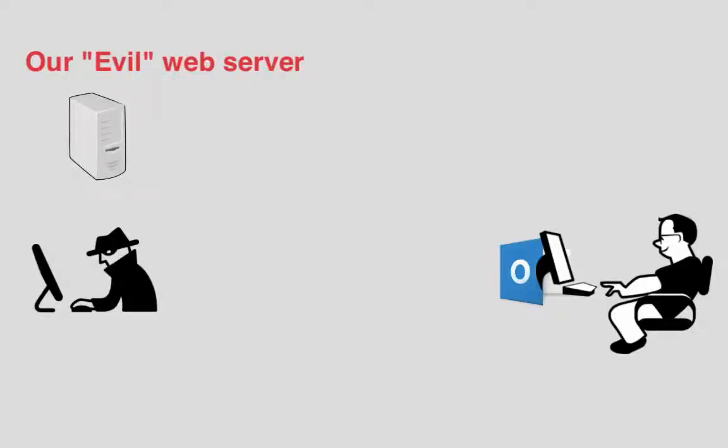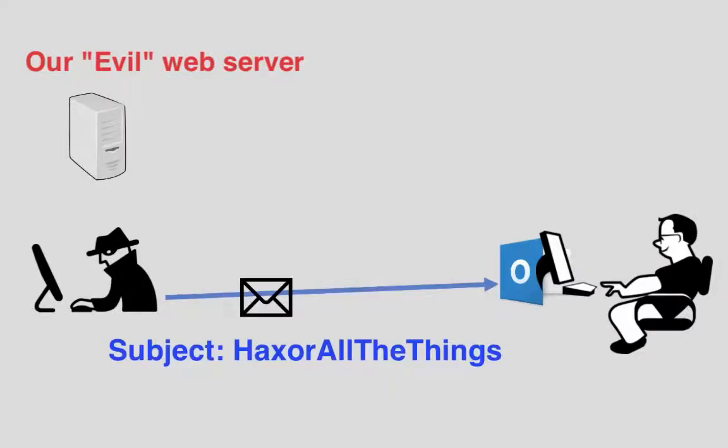So here's what we're going to do. We're the attacker, and we have our evil web server with some content on it that we want Matt's computer to run. So we're going to use our copy of Outlook with Matt Bishop's profile, and we're going to create an evil Outlook rule. That rule says that when Matt receives an email with the subject "hacks are all the things," we're instructing Matt's Outlook to go out on the internet to our evil web server and download a program and run it.